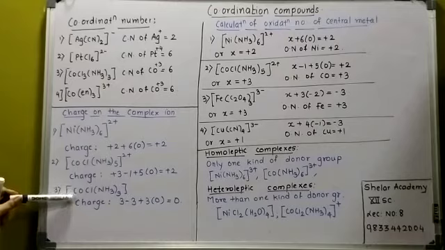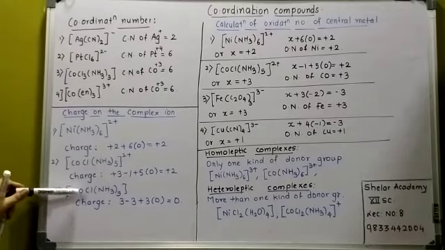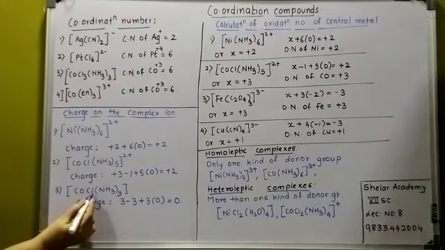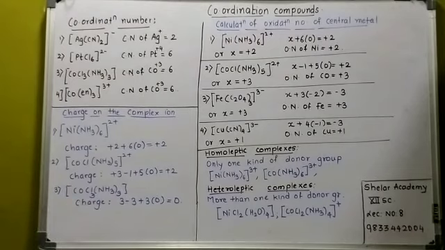So it should be CoCl3 over here: +3 minus 3 plus 3 into 0, because again it is neutral, the charge is 0. That is how you find the charge present on the complex ion.